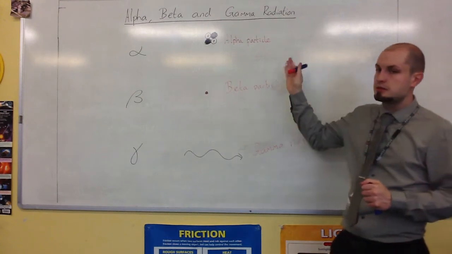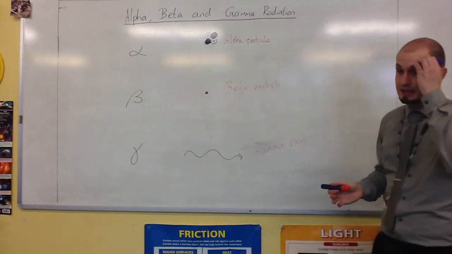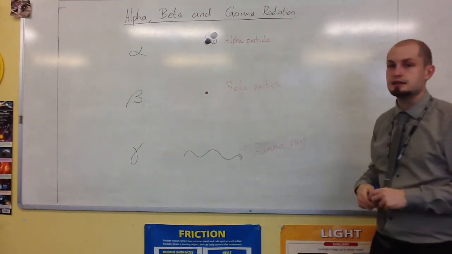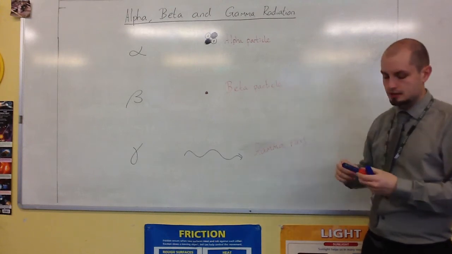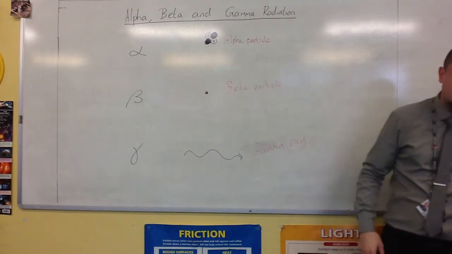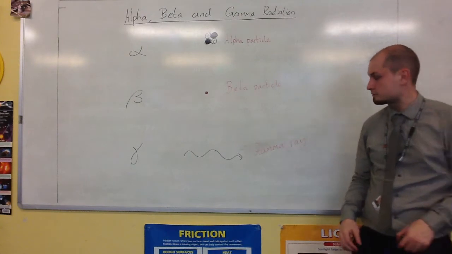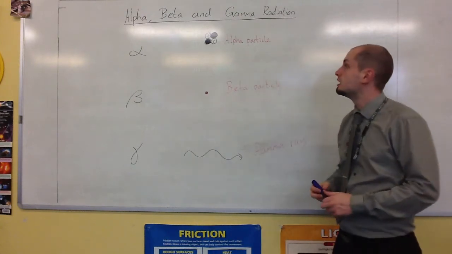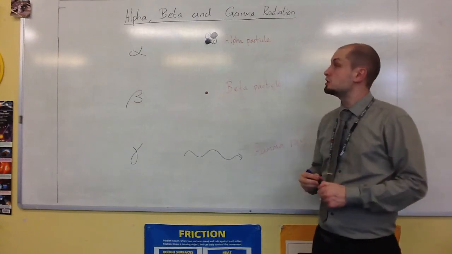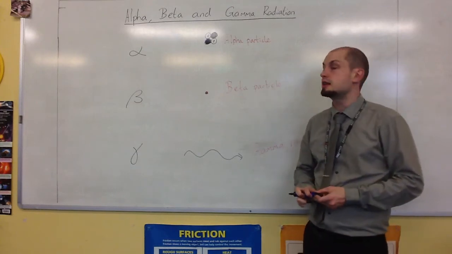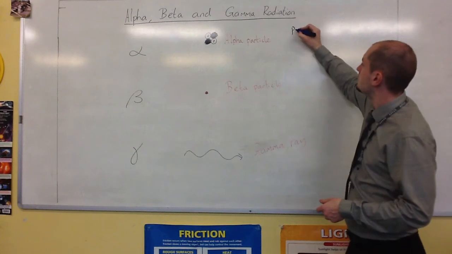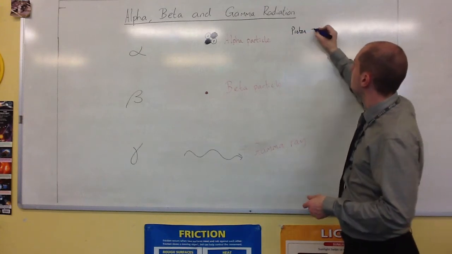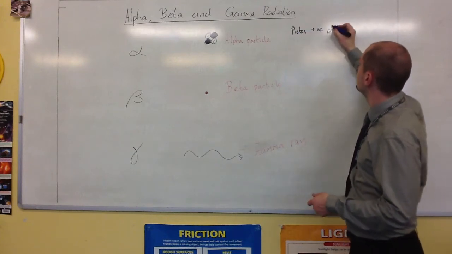Now, you need to be able to identify them. It's fairly easy to tell them apart if you know the nature of them. We'll start off with the alpha particle. What we know about the alpha particle is basically the alpha particle has a charge. You've probably noticed that there's 2 protons in there, and as we talked about in chemistry, protons have a positive charge.